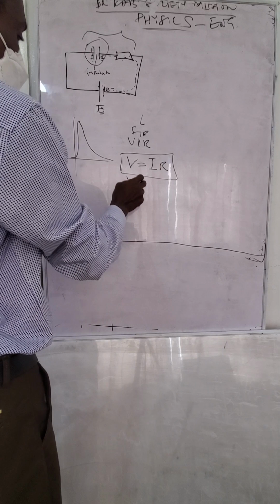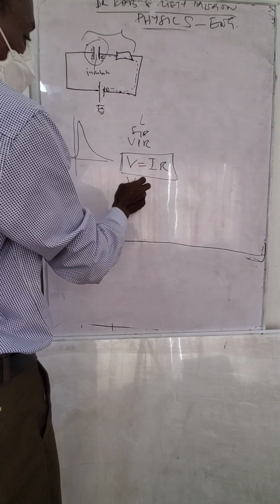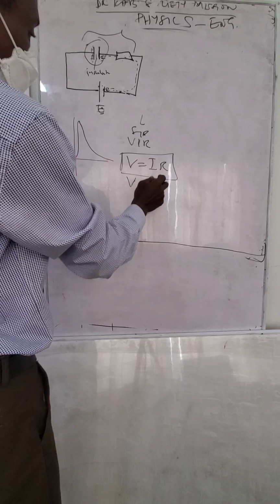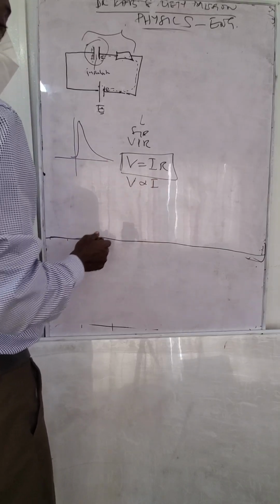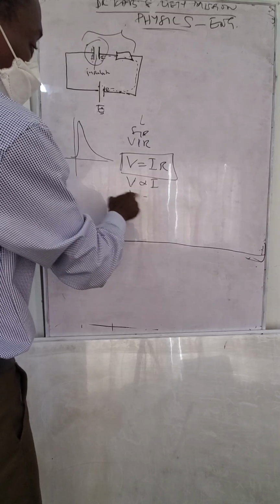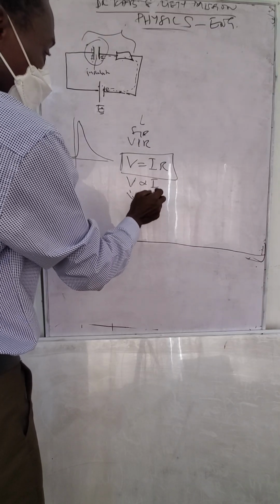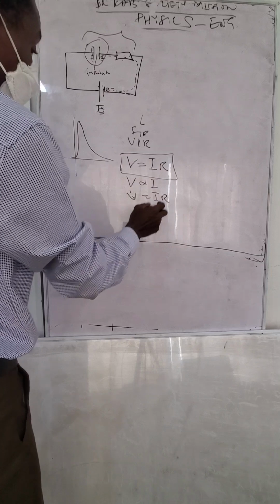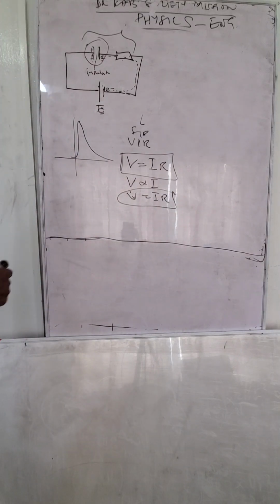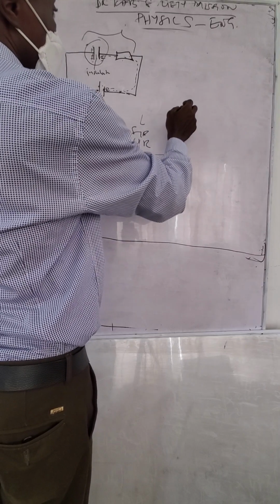Voltage is equal to your current times your resistance. All right, let's look at another one, the definition, which is very important.